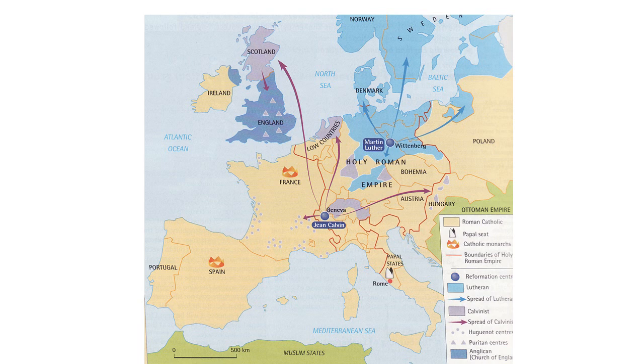But within England, you also had some Protestants who were even more Protestant than the Church of England, who wanted an even more austere, serious religion, and they were called the Puritans.